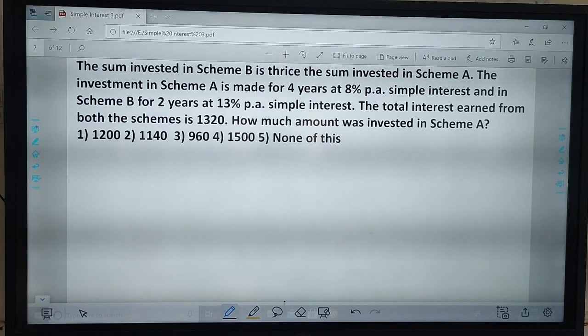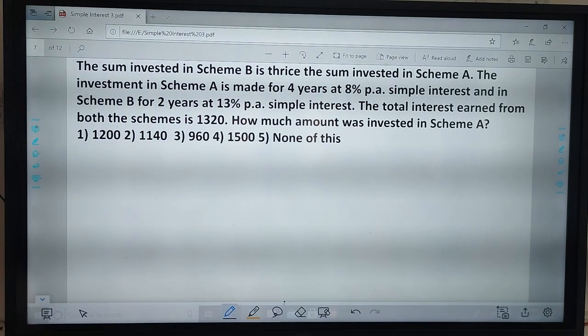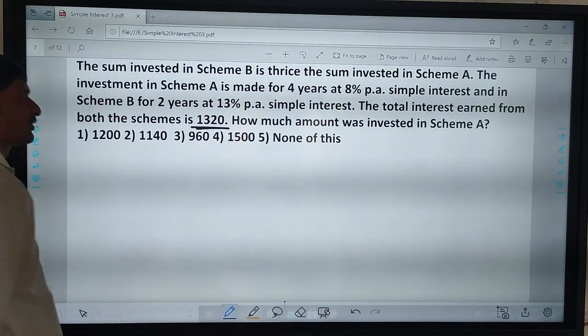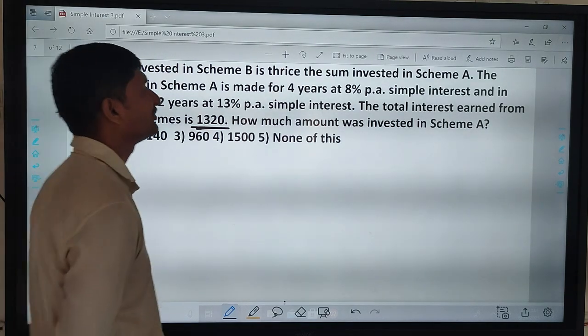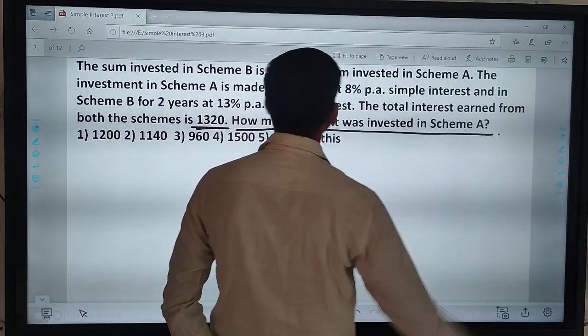The total interest earned from both the schemes is 1,320. How much amount was invested in scheme A?